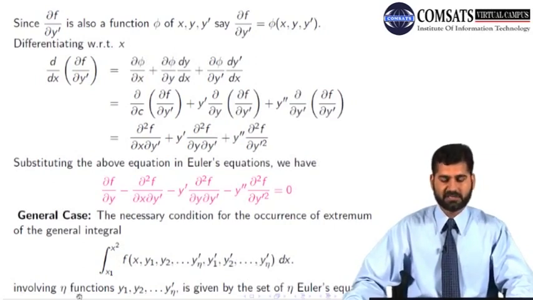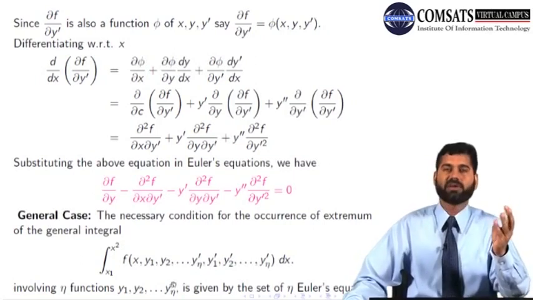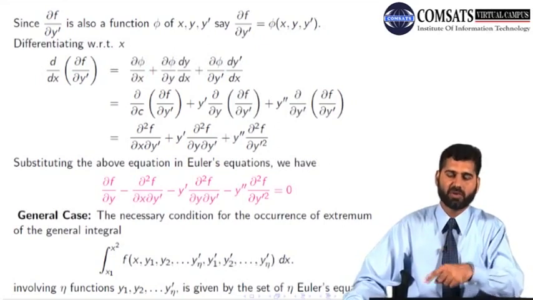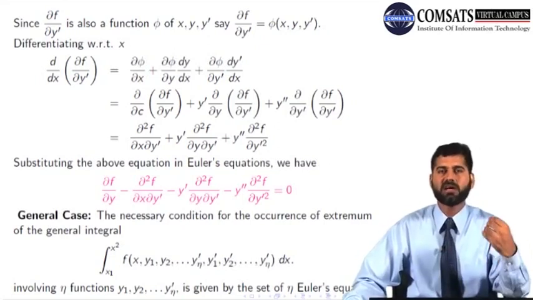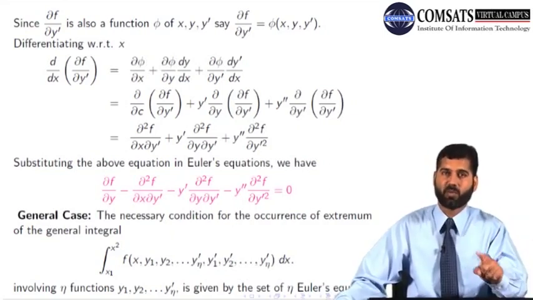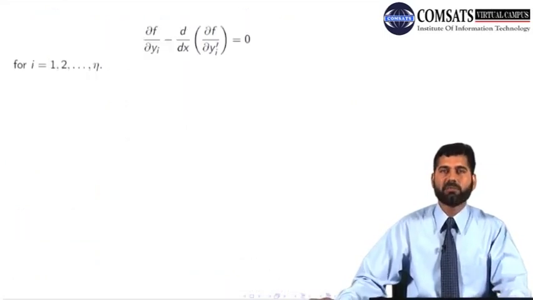Involving eta functions, y1, y2 up to y eta, the extremum is given by the set of eta Euler equations. We are not using n, we used eta here. So if there are eta functions, then you should have eta Euler equations, one for each yi.